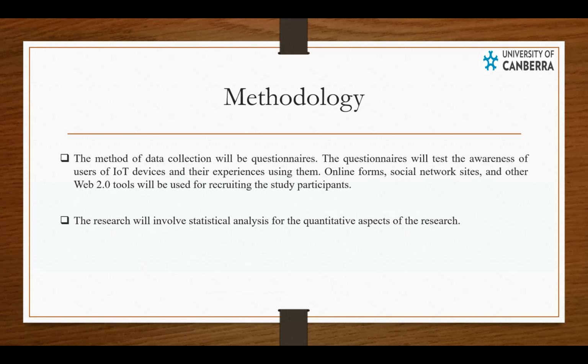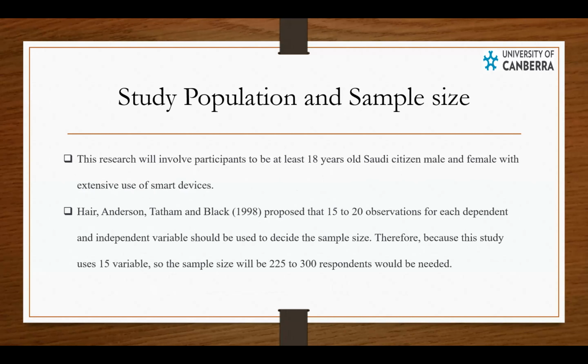So the research will involve statistical analysis as well for the quantitative aspect of the research. The study population and sample size. So in this research, basically, we will involve participants who are 18 years old, Saudi citizens, male or female, with extensive use of smart devices.